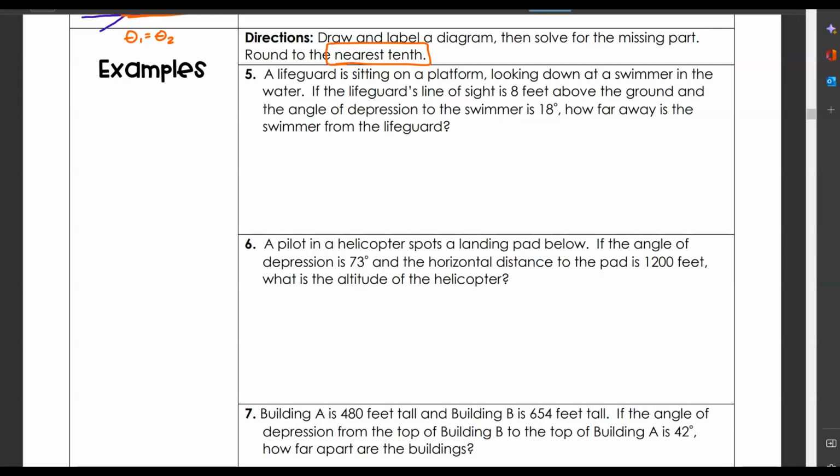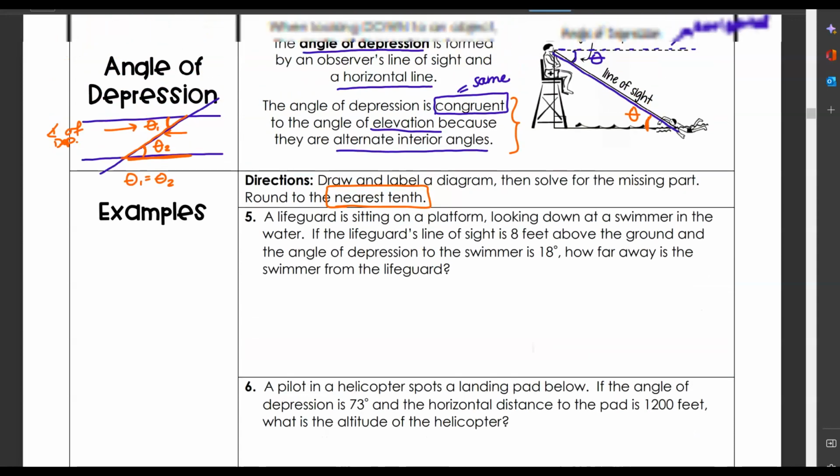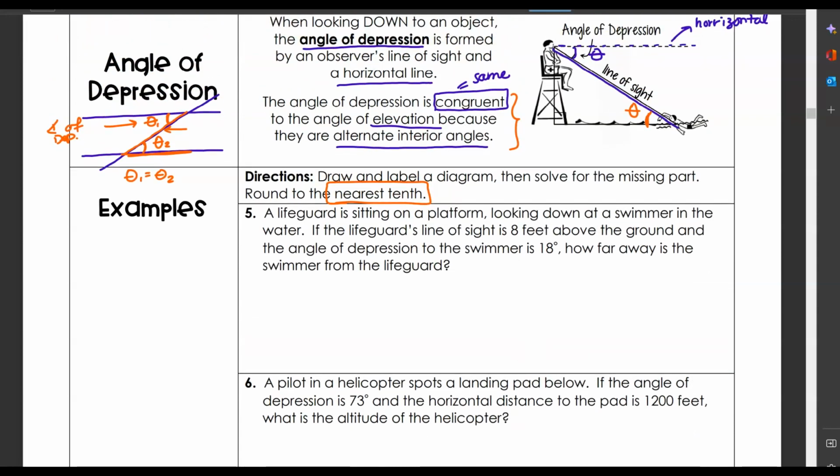If the lifeguard's line of sight is 8 feet above the ground, let's take this picture here. So here's the lifeguard sitting down at his chair, something like that. Here's my little swimmer guy with his hands and his feet kicking.